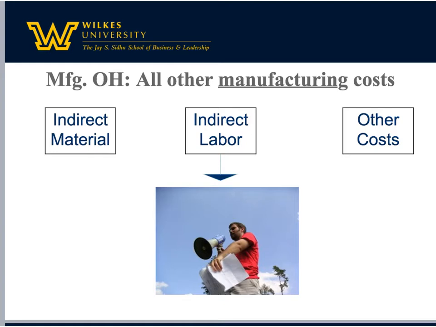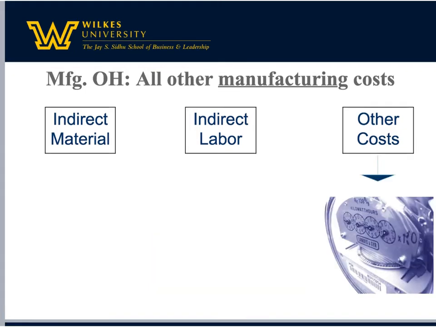Indirect labor, the easiest way to explain that is it's labor that's not directly traced to the final product. Manufacturing supervisors are indirect labor. They are personnel who do not work directly on the products, but are involved in the manufacturing. There are also other costs.